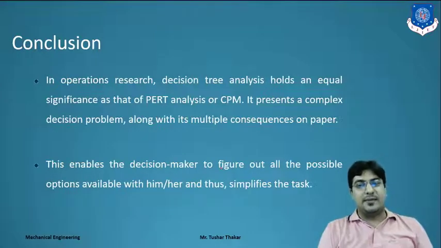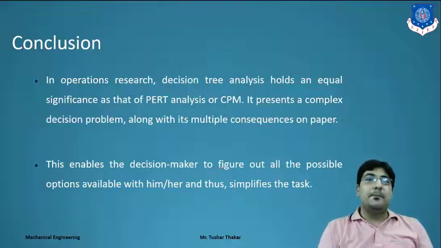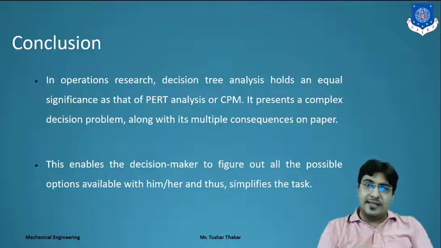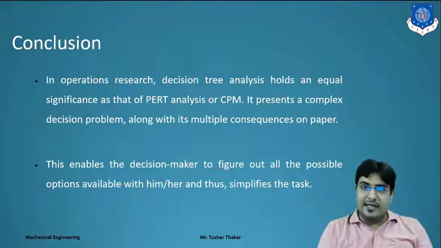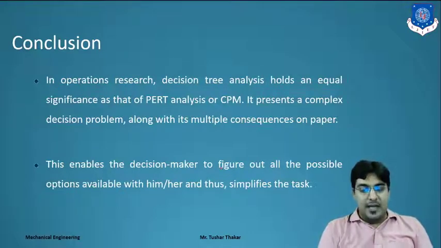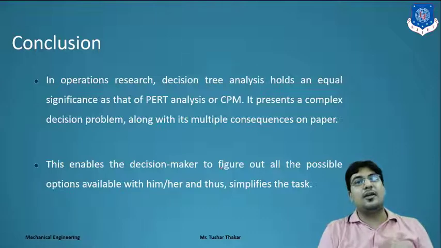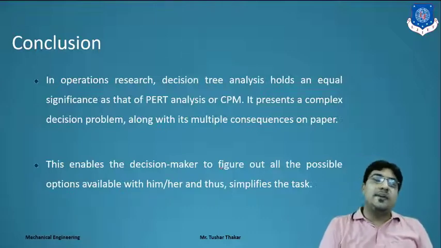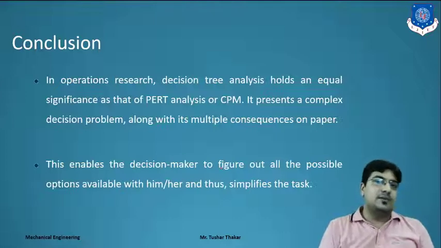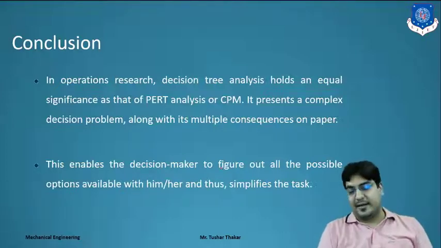In this chapter we considered three main categories: decision taking under certainty, under uncertainty, and under risk. For all three, we calculate different criteria and find the best decision.